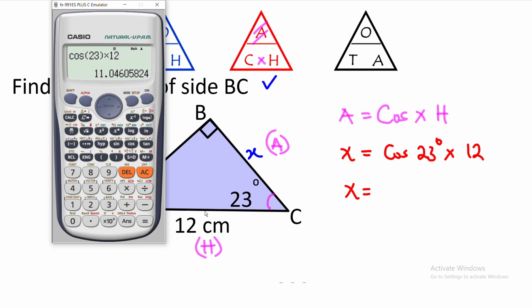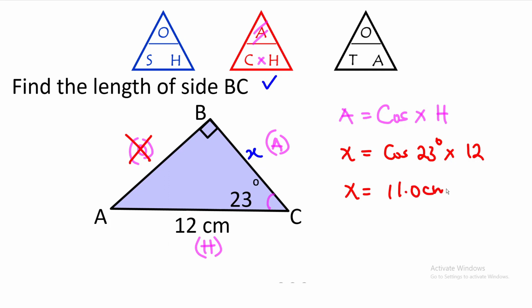That gives you 11.04, but we want it to one decimal place, so it's 11.0 centimeters. So the side BC is 11.0 centimeters, correct to one decimal place.